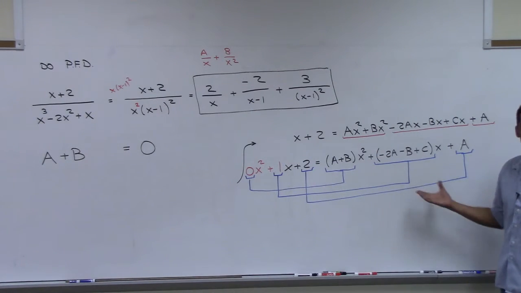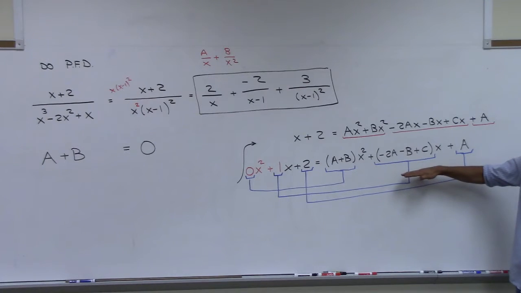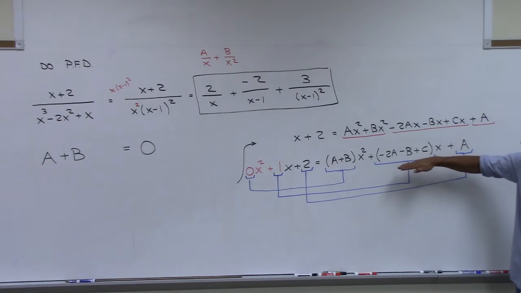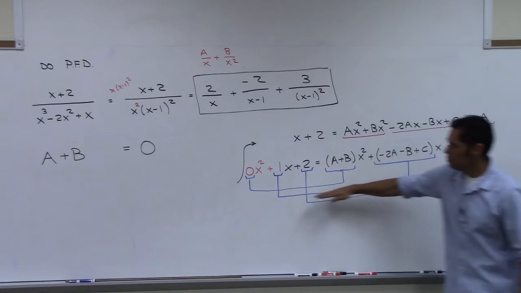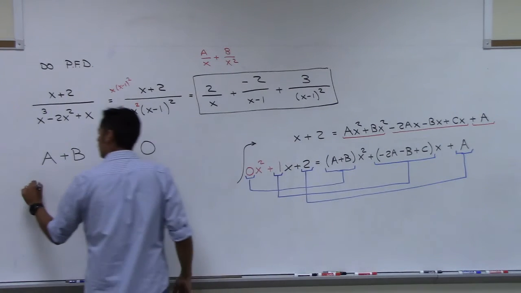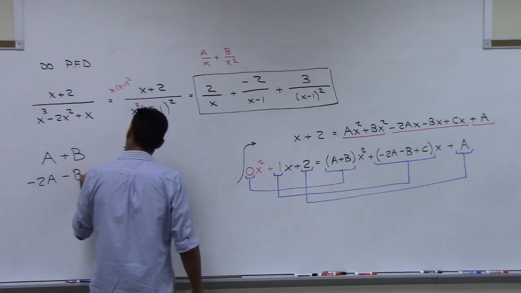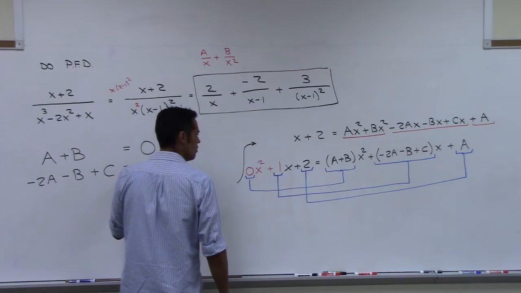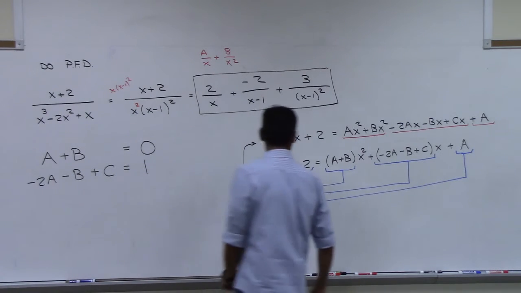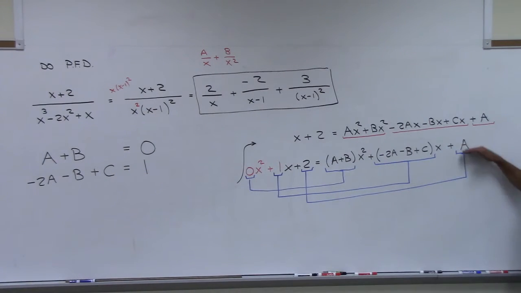Because I've got C's also. What is the second equation saying? Negative 2A minus B plus C must equal 1. And then the last equation, what does it say? A equals 2.